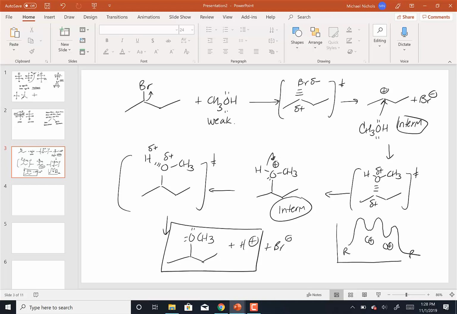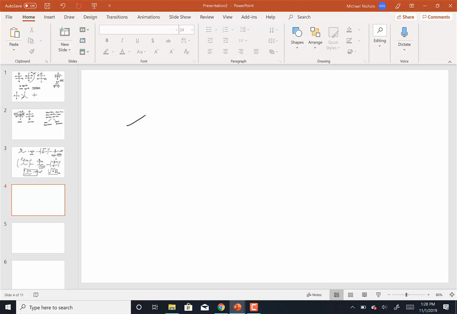If I replace that weak nucleophile with a strong nucleophile, so in other words, if I said I'm going to take the chloride and react the bromide with it, without drawing the transition states, it would have the first step forming the carbocation, and then the second step would be to form the final product.